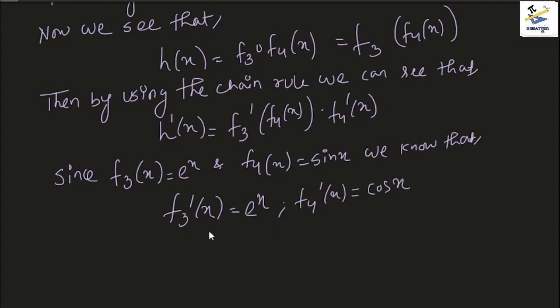Yes. So f3 prime x would be e to the power x and f4 prime x would be cosine of x.